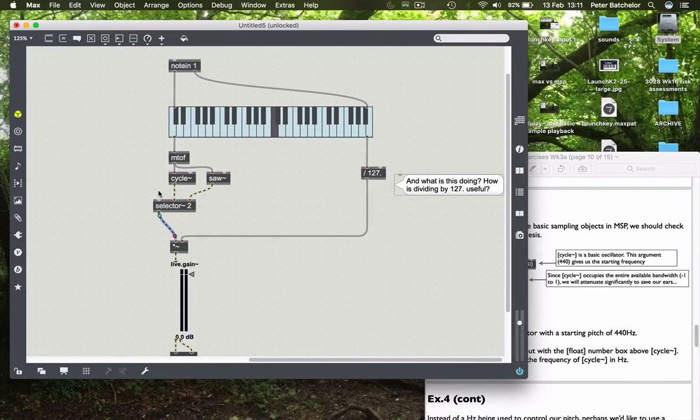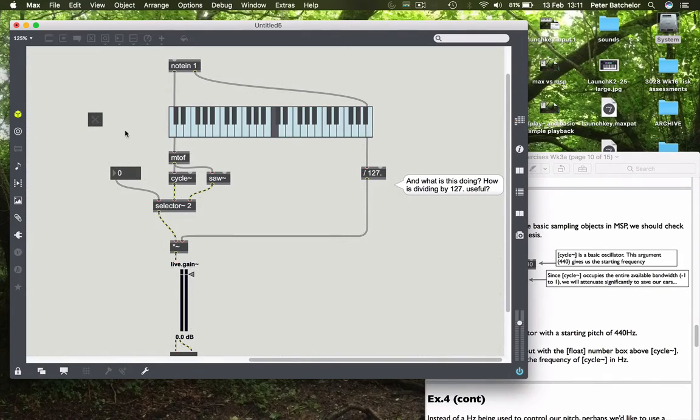So having done that, what we need then is a means of choosing which of these 2 gates is going to be opened or closed, and we'll do that by means of a number box. So here, if I hover over here, it says an integer or a signal, well, we're using an integer, turns the input off or routes to output. And just as when we were using a gate object, the number 0, or in the case of a toggle, the off mode, would send a 0, and that means that nothing will be open.